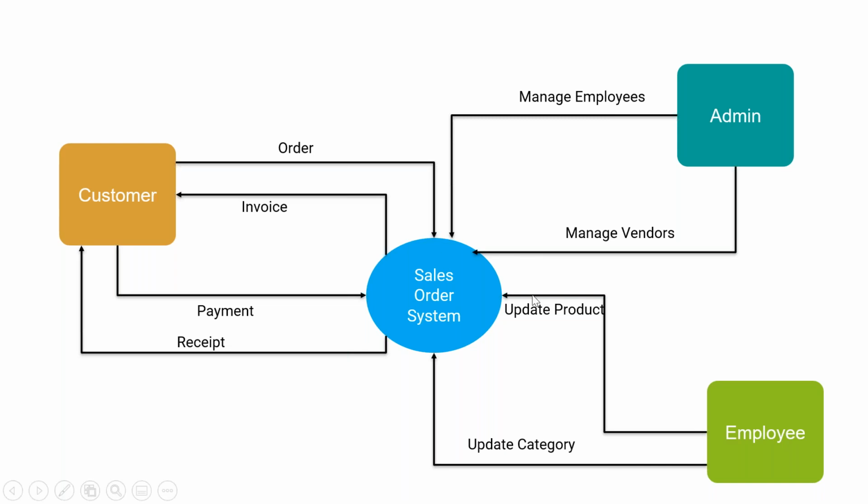Like for example, updation of product. It can happen through a screen. And if there are bulk updates, can it also happen through Excel file or some CSV file? All those things will come later as you start picking up more details of a particular functionality. So that is how you start with a context diagram.